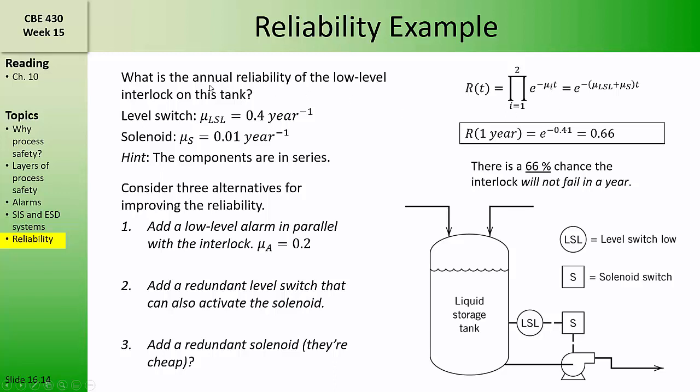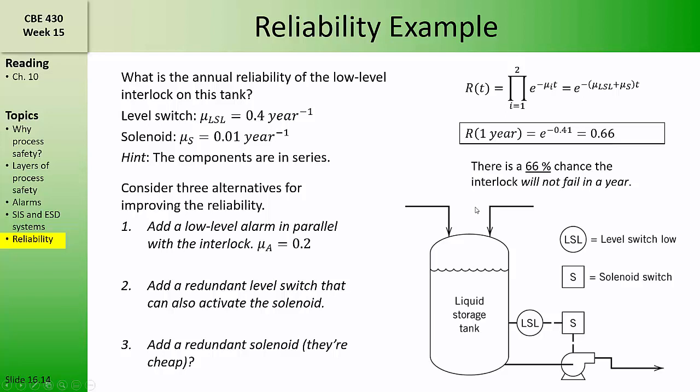Since we're interested in the annual reliability, which is the probability that the system will not fail in 1 year, t is 1. When we take the product of exponentials, remember, we sum the exponents. So we can compute this reliability as e to the minus 0.41, which is 0.66.